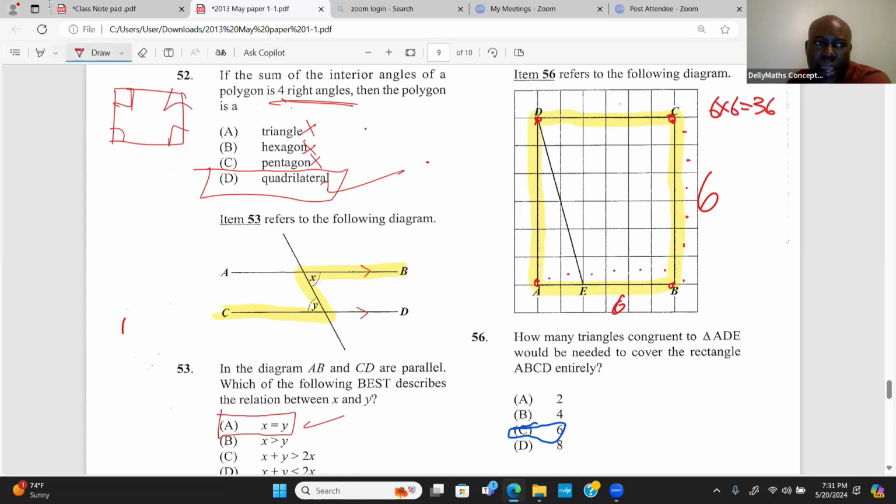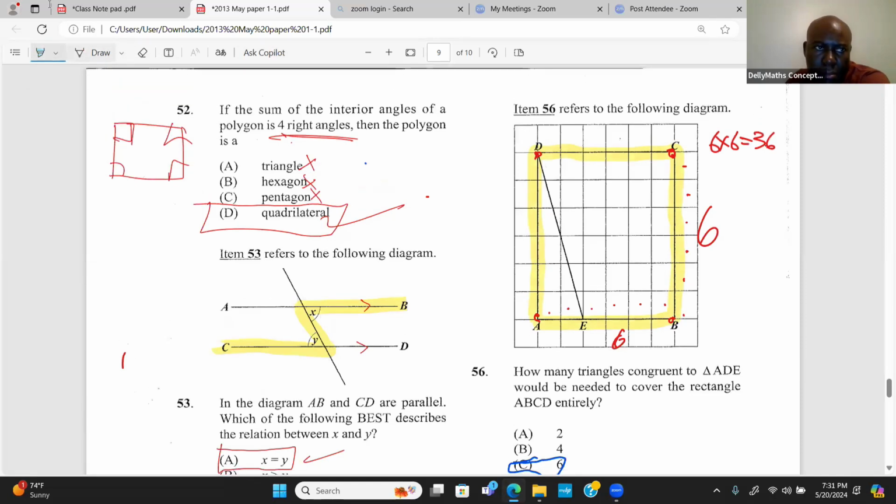If you look at the area of the triangle now, I'm just going to mark the triangle for you. The area of the triangle is 2 with 6, so it's 2 times the 6 over 2, you're going to get 6. So how many of the triangle can you get out of this?